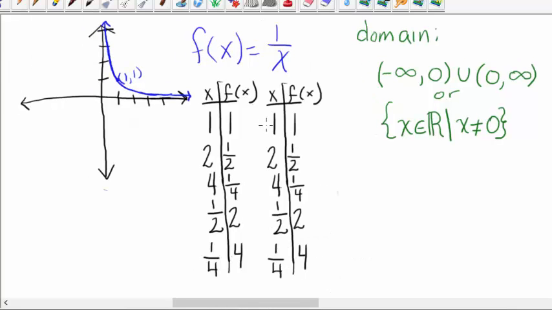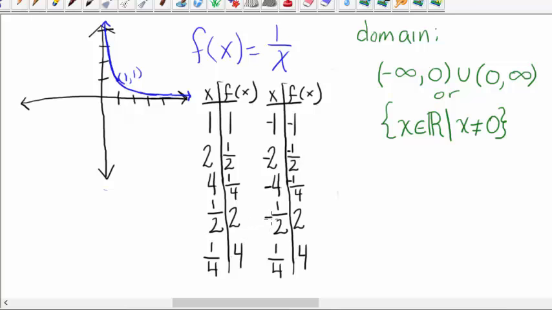Something similar is going to happen if we look at values for x in the negative part of the domain, so to the left. If we plug in, for example, -1, we get 1 over -1, which is just -1. If we plug in -2, we get 1 over -2, which is -1/2. If we plug in -4, we get 1 over -4, which is -1/4.